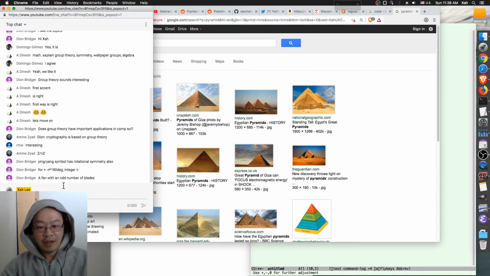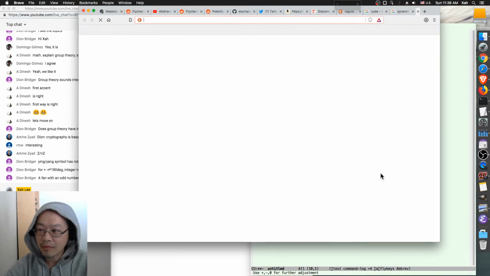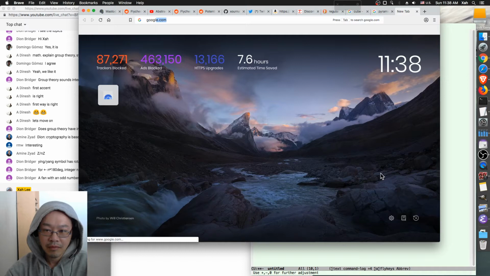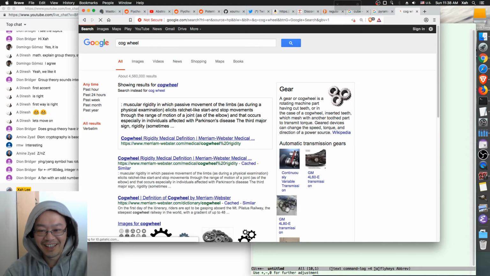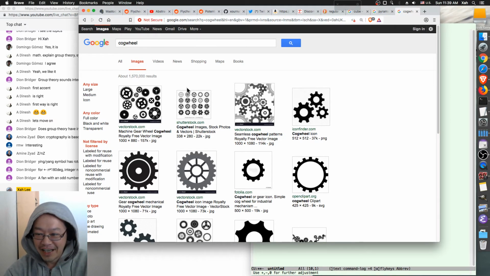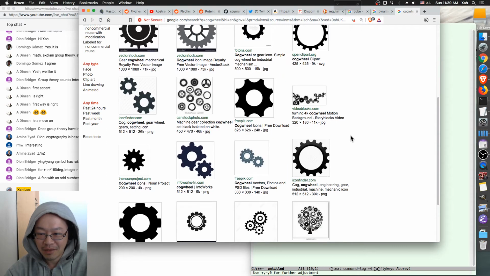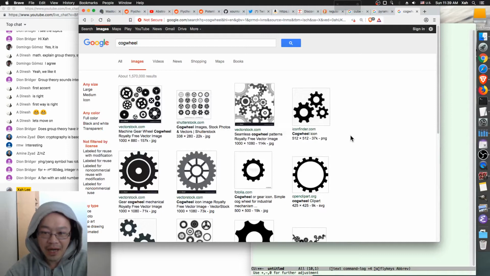Okay, I got an example. Let me show you. Cogwheel. Okay, we got several cogwheels, but these are not what I'm looking for. Do you know why?